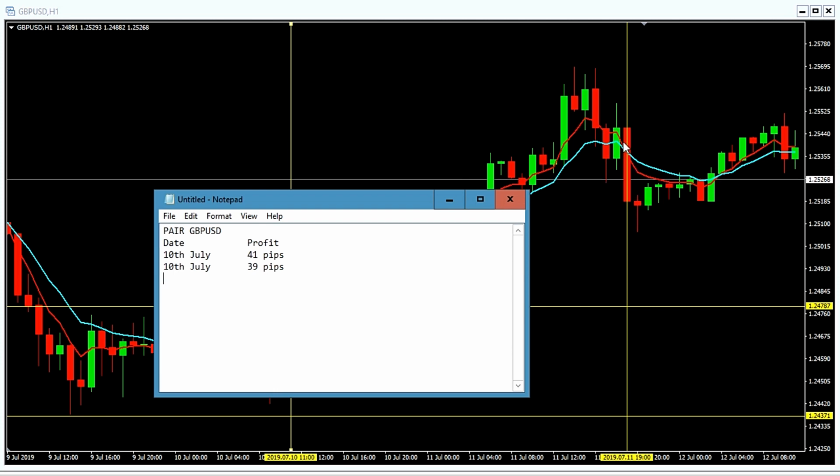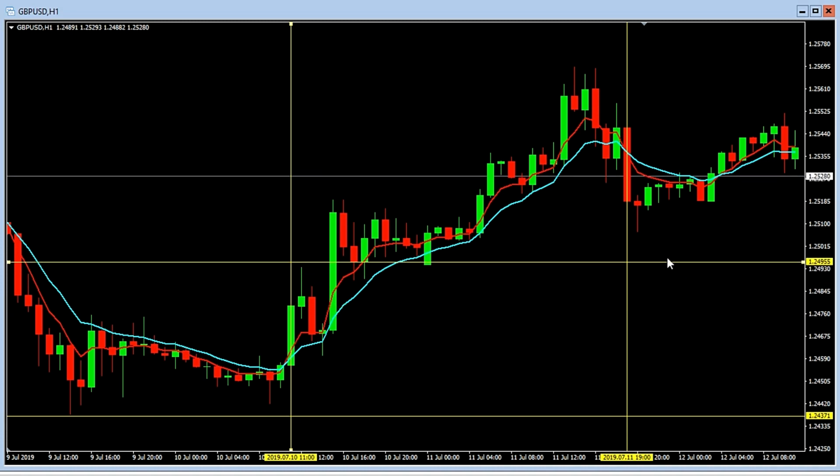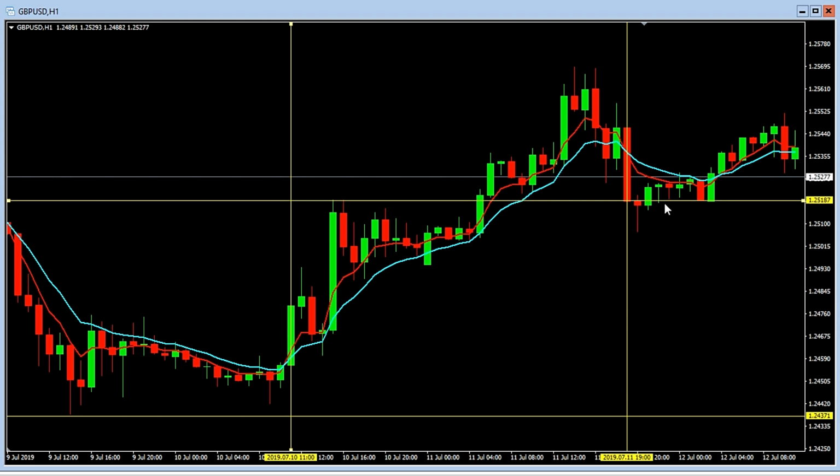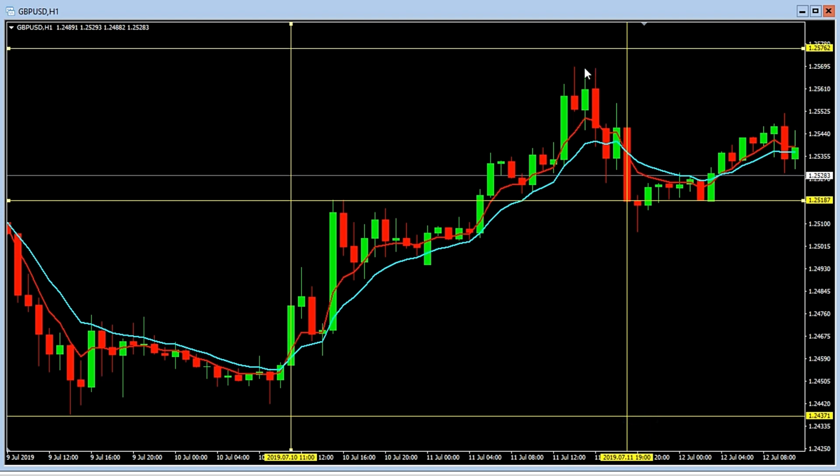Now, since we are getting a sell signal here, we are going to place our sell order at the open of this new candle, and we are going to place our stop loss 5 pips above the most recent high.